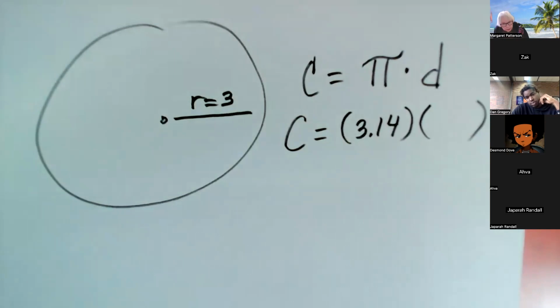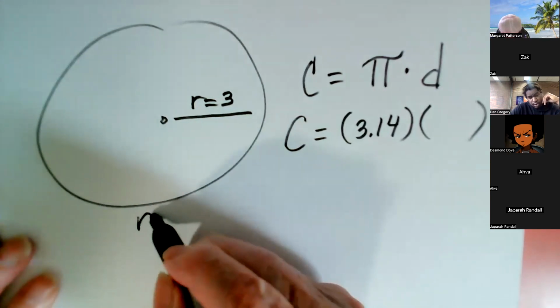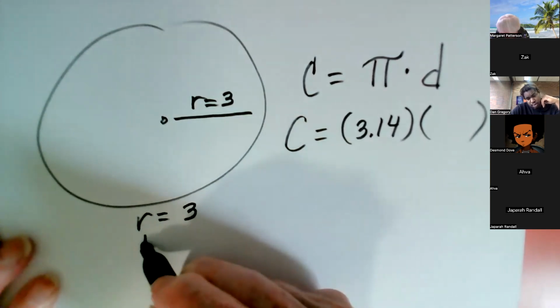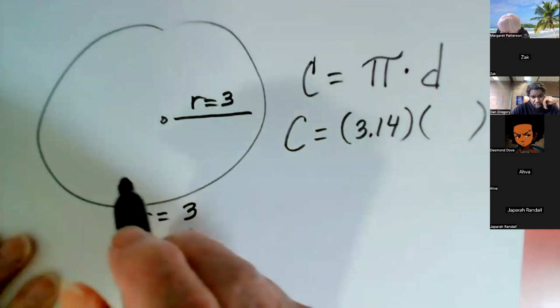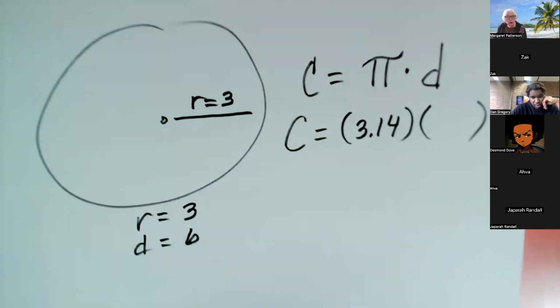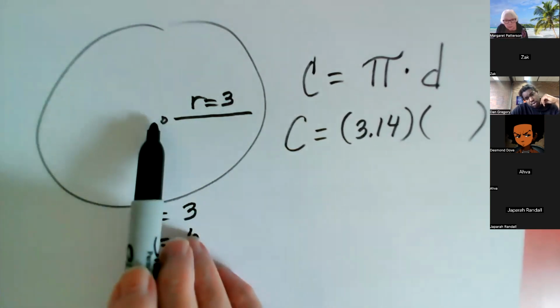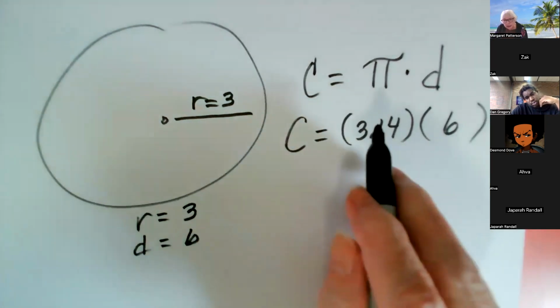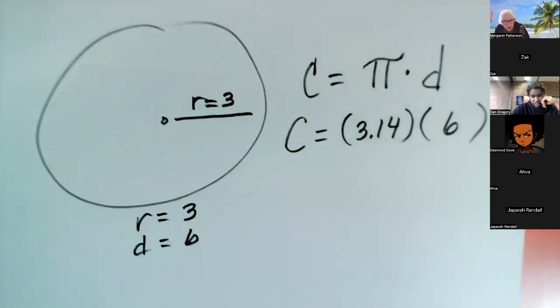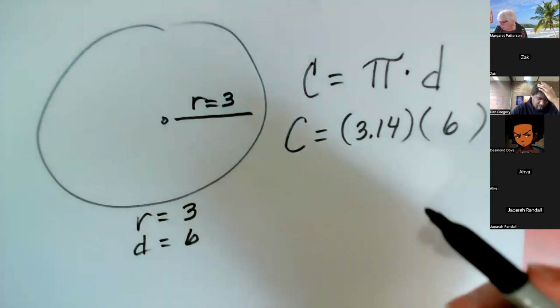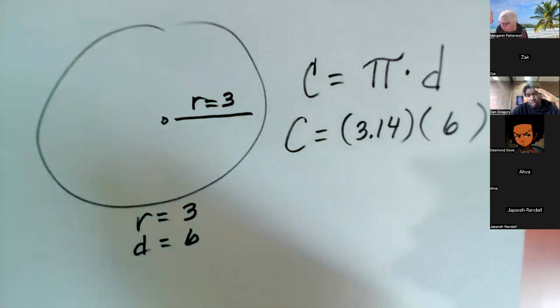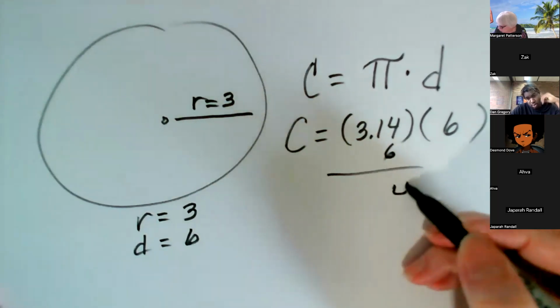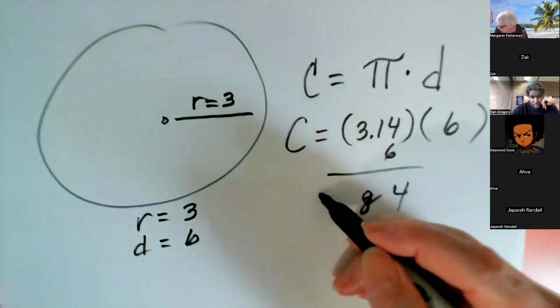But what would go second? 9? No, 6. 6 it is. Because if you go all the way across, you've doubled it. Then you just multiply this. If you want to use a calculator, you can. 24, carry the 2, 8, 18.